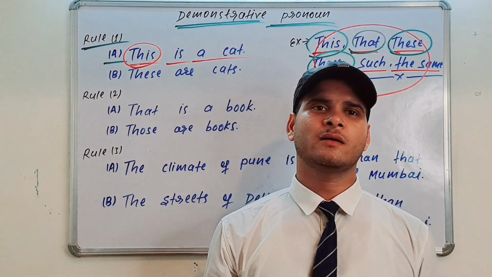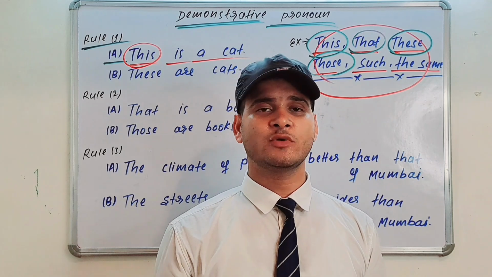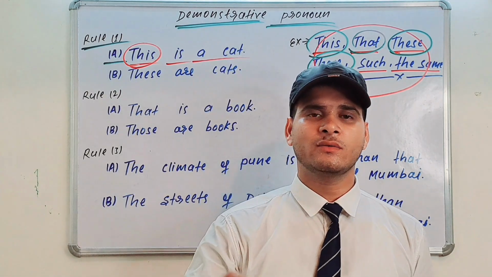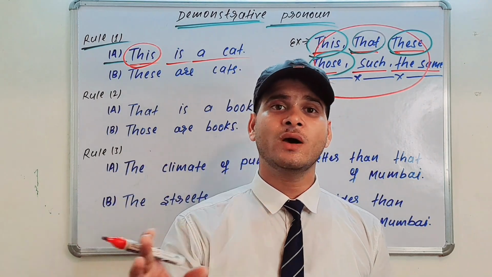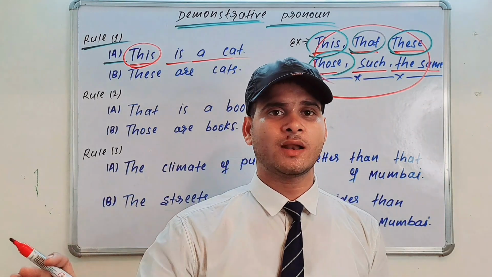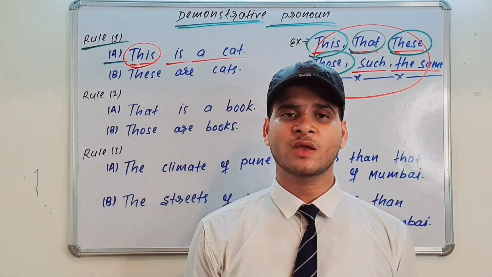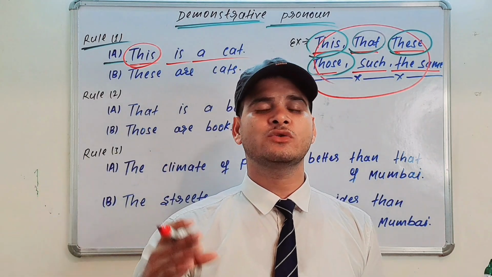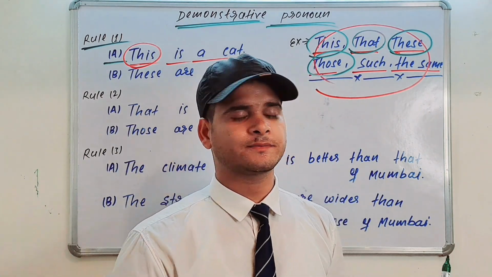Now it is clear where, when, and how we use this. The demonstrative pronoun this is used to point out only the nearest singular noun. Keep in mind, only the nearest singular noun.